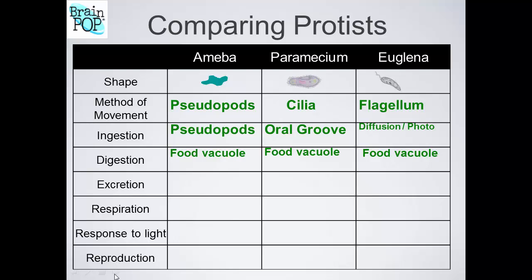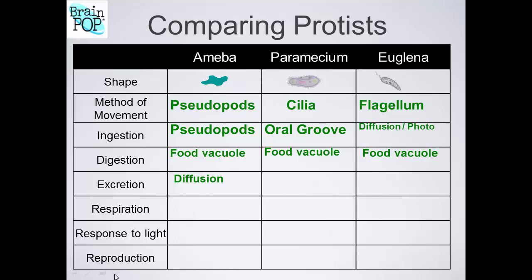Excretion is about removing waste. So how does the amoeba excrete waste? Well, it gets rid of extra water that way, but other waste products just diffuse out.